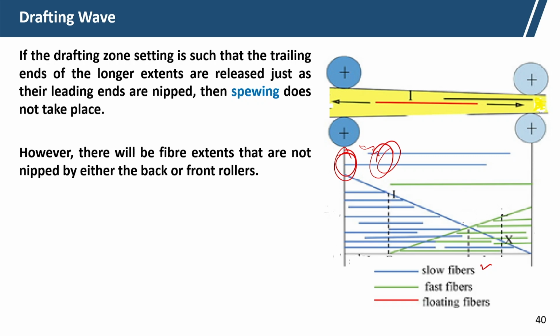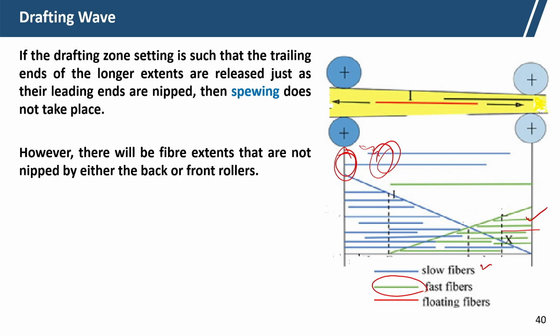So, they are effectively moving at the back roller speed. Green fibers are the fast moving fibers. These fibers are either under the grip of the front roller, or in contact with the fibers which are moving at the speed of the front roller.